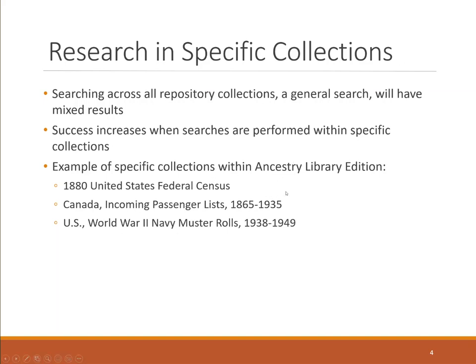So what you would do is, you know that a person lives in the United States through their life. You systematically go to each census and find that person, rather than going to a general search and hoping to find all the censuses come up. So you go one by one.